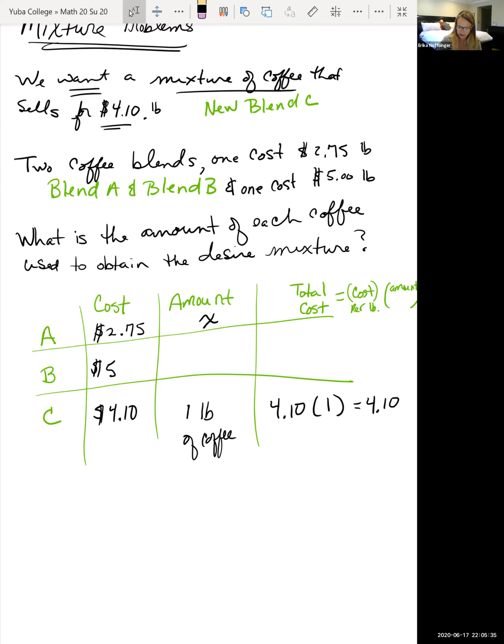And so if I look at what I put in with brand A, the amount of B is 1 minus X. And so now I have my formula.